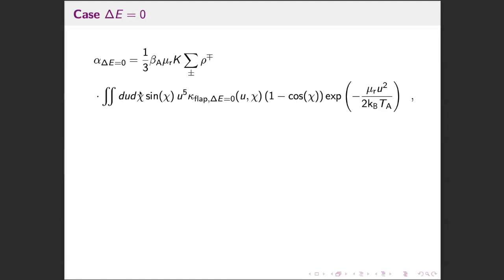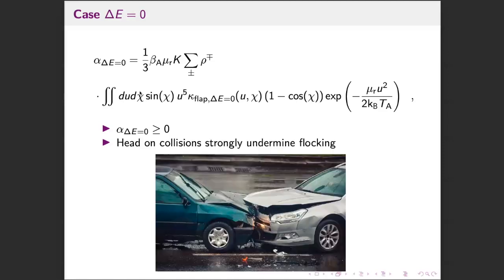Right, so two spheres, they go towards each other and a completely reverse course, that's chi equal to pi. But in general, this is always positive when you have a state where there's no energy transfer, no chemical reactions that involve energy transfer. And the frontal collisions, they undermine flocking the most. So they are the most strongly positive.